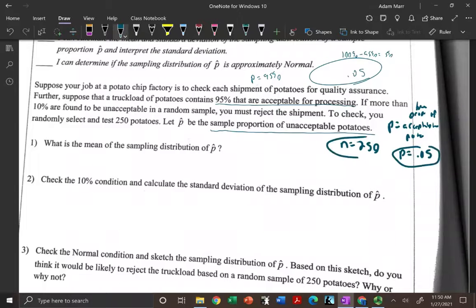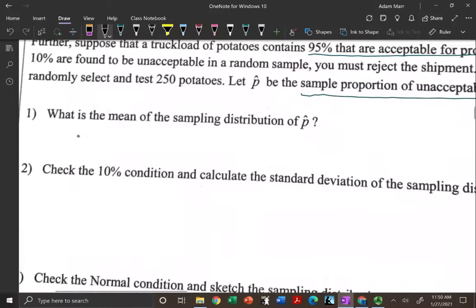Those are the ones that are unacceptable, all right? So we want to know what is the mean of the sampling distribution of p hat. So that's right here. The mean of p hat is an unbiased estimator of p, which we already said is 0.05.